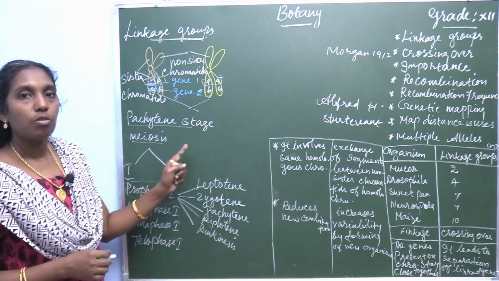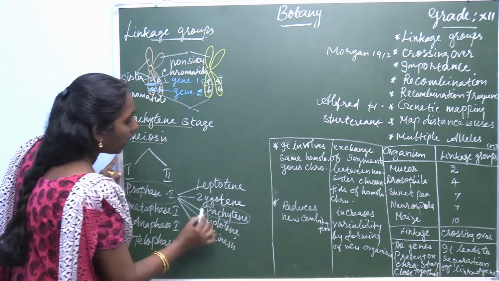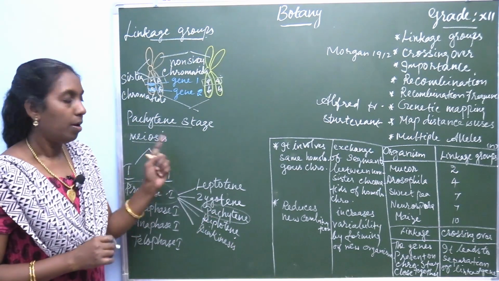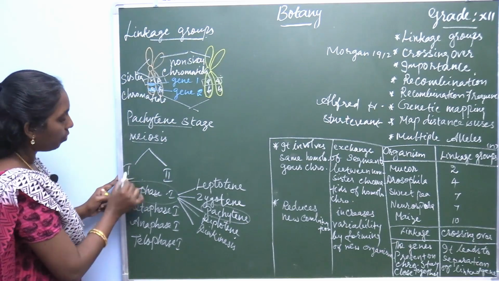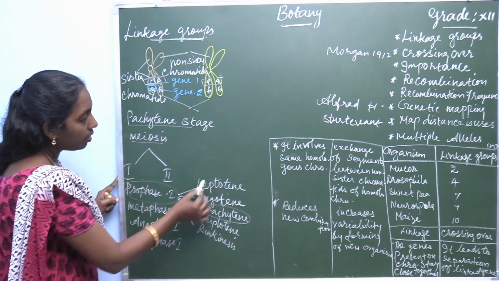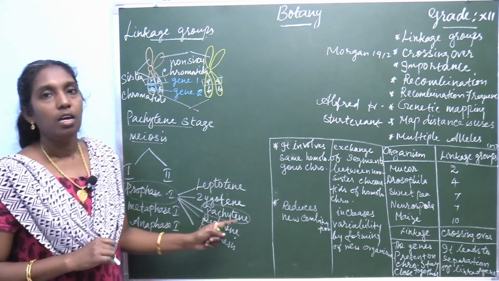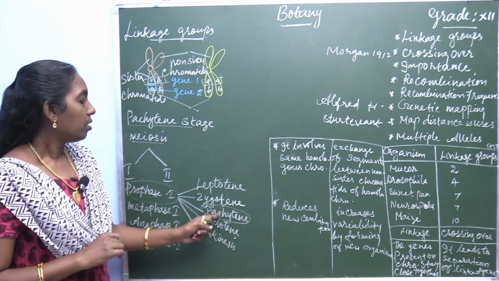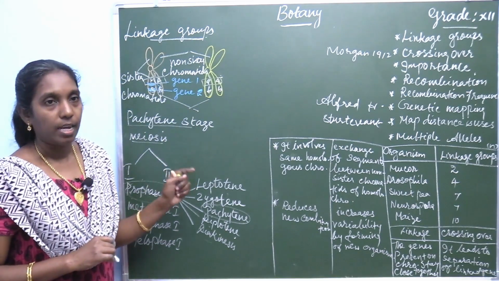This crossing over takes place in the Pachytene stage of meiosis 1. This stage comes under prophase 1 of meiosis 1. From prophase 1, among these stages, Pachytene occurs, and during this stage the process of crossing over takes place.